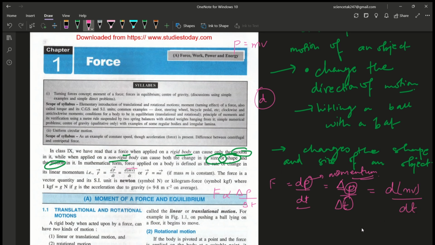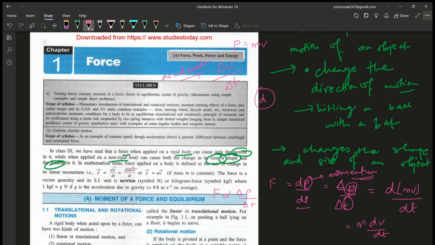If mass happens to be constant, because m is constant, we bring it out of the bracket, right? Now, dv by dt, delta v by delta t, is nothing but acceleration, right?